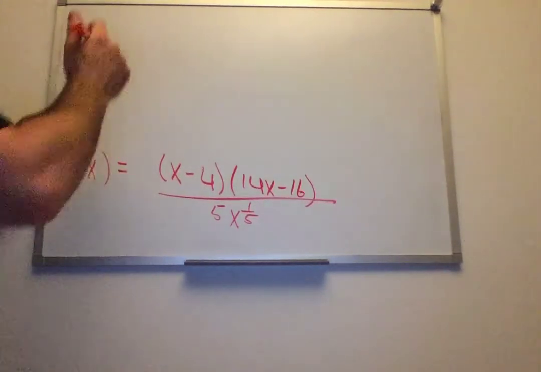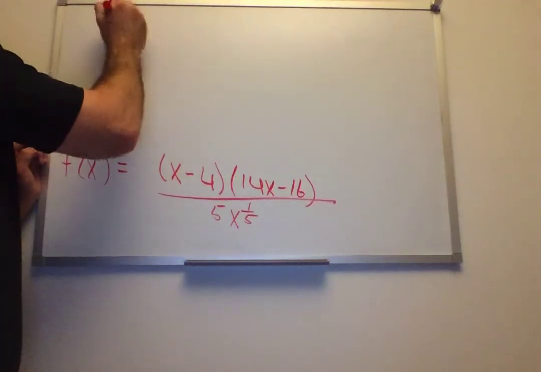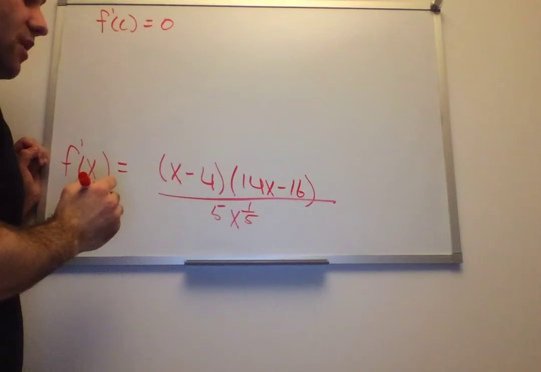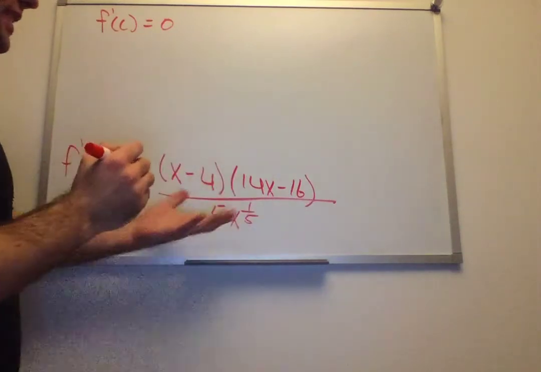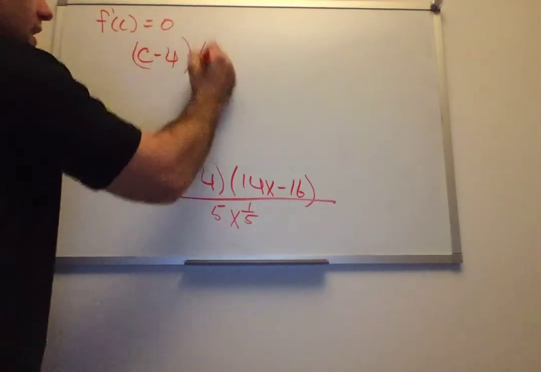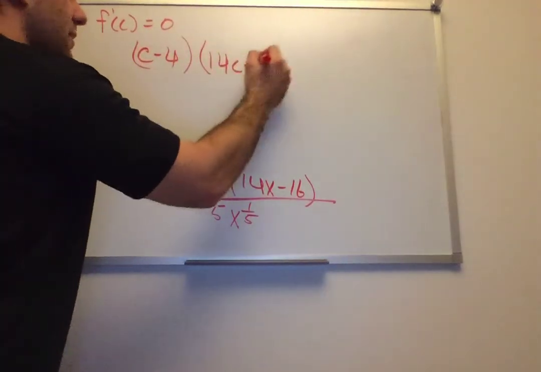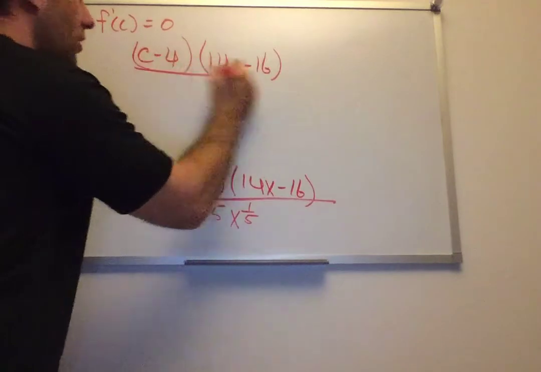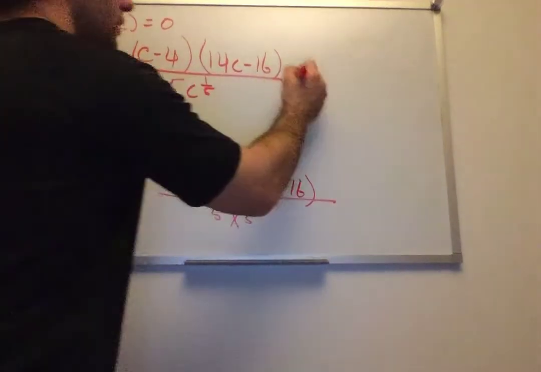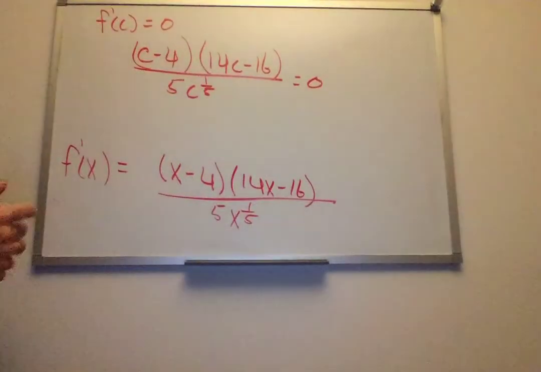So now what we want to do is we want to find f prime of c such that the derivative is equal to 0. So I'm going to plug in c everywhere and set this equal to 0. So (c minus 4) times (14c minus 16), all divided by 5c to the 1/5 power. That must be equal to 0.